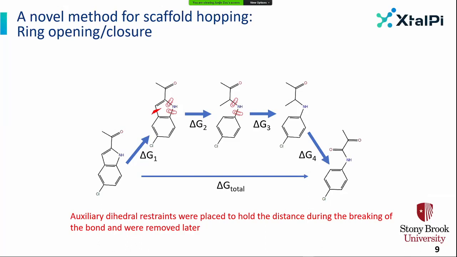For example, when we are doing a ring opening transformation, we'll first apply a dihedral restraint on the ring to hold the ring in the right shape, and then under the restraint we will break the bonds. After we break bonds, we will remove the restraint, and if there is still any difference, then we will do regular RBFE calculation to fully convert the molecules.